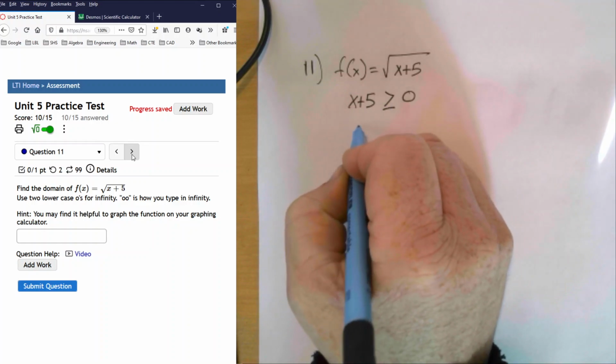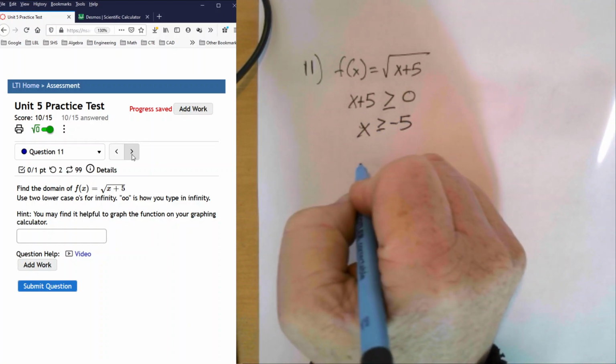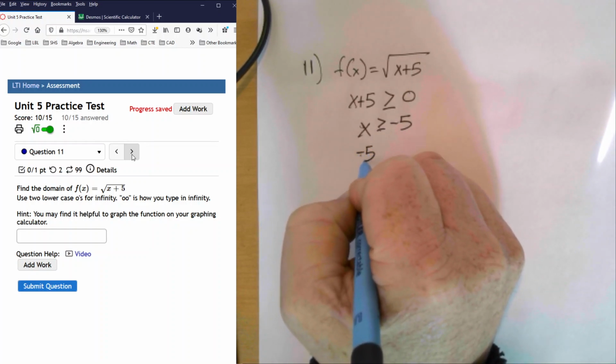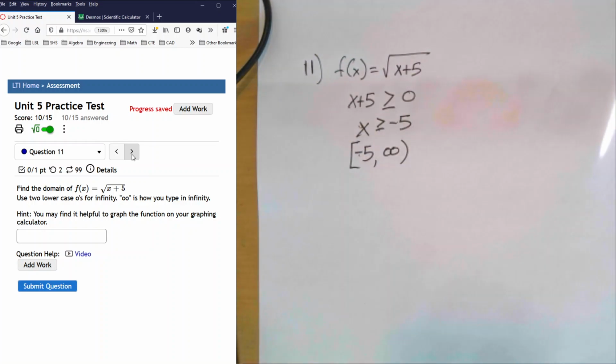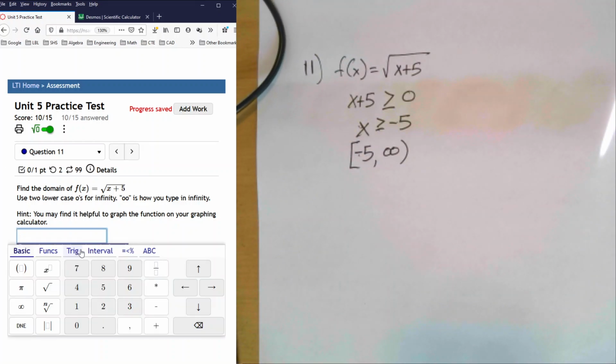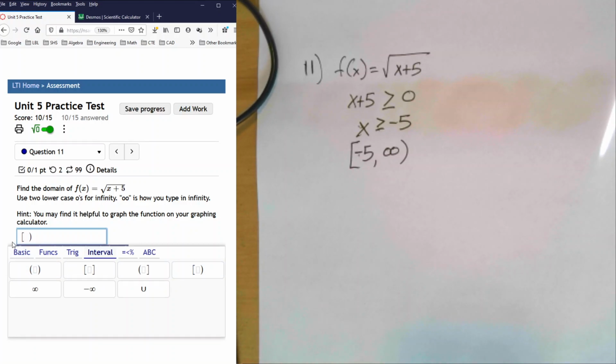If I subtract 5 from both sides, x is going to be greater than or equal to -5, which means that -5 is my smallest value, and positive infinity is my biggest. So I'll use the interval notation here: -5 to positive infinity.